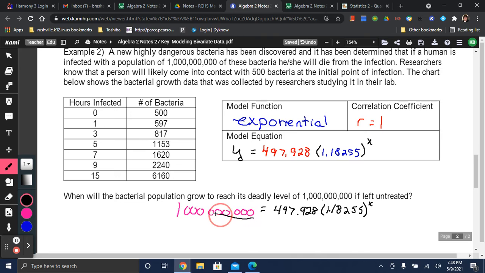So what you would do is we would divide both sides by the A. So we'll divide by 497.928 on both sides.